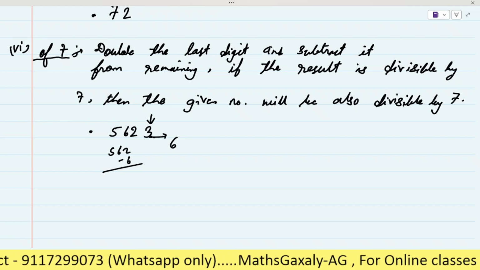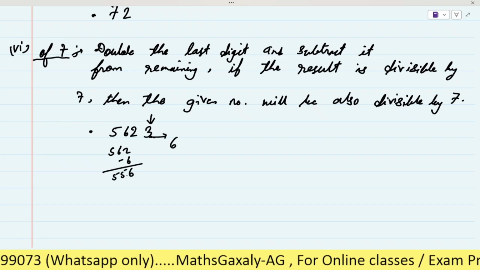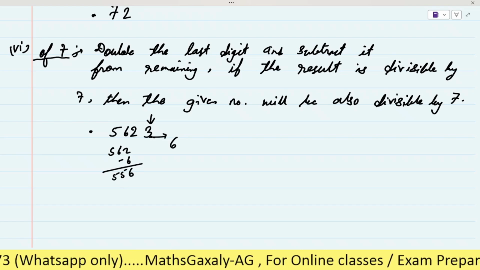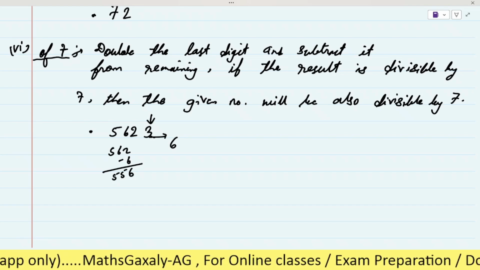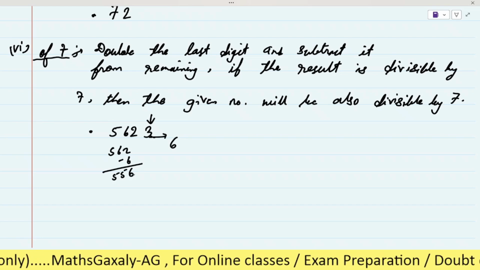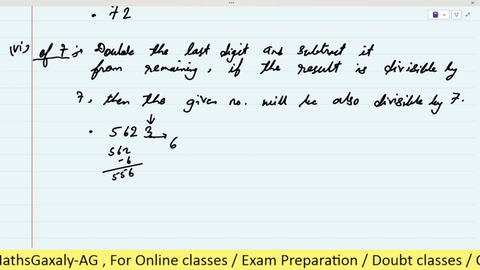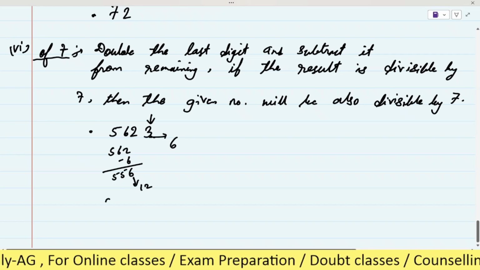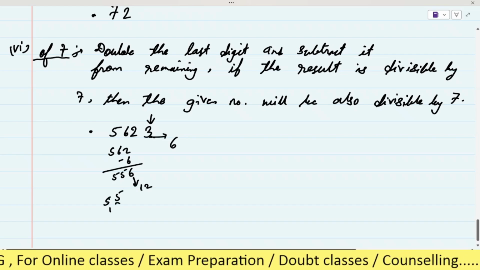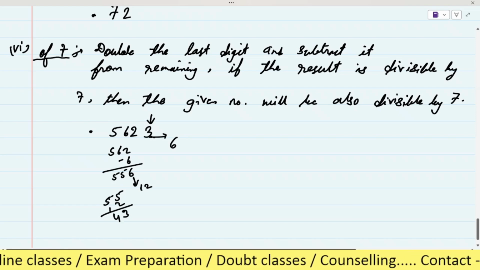556. Is it divisible by 7? Here again you can apply the same trick. 6 times 2 is 12. Now subtract it from 55. 55 minus 12 is 43.